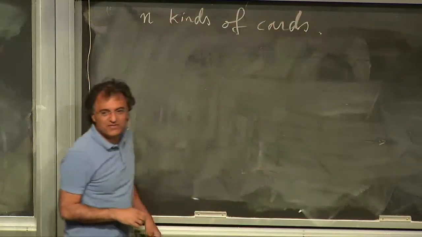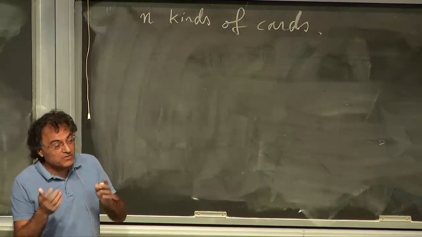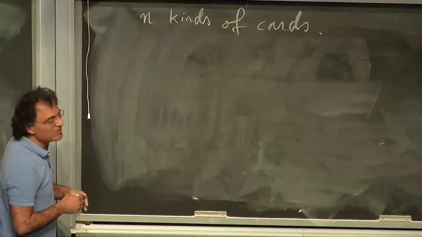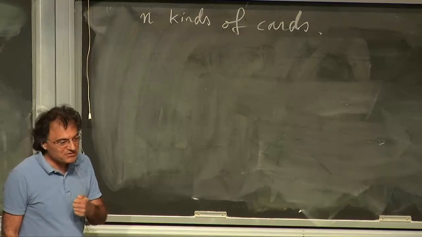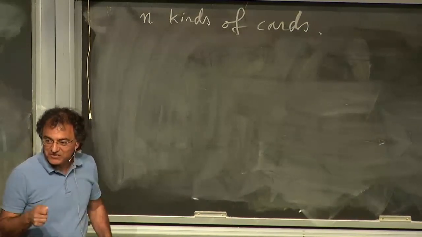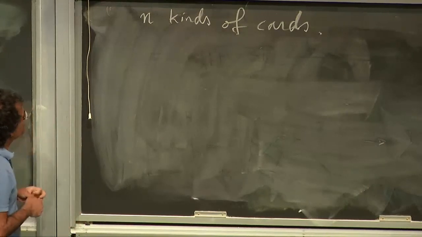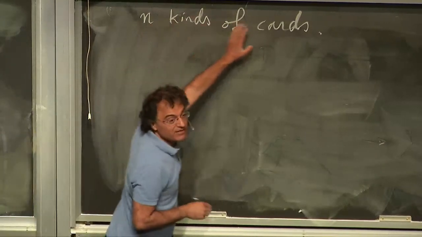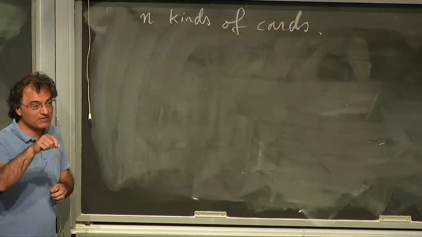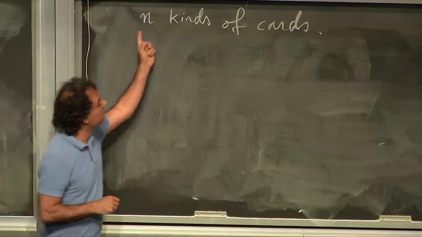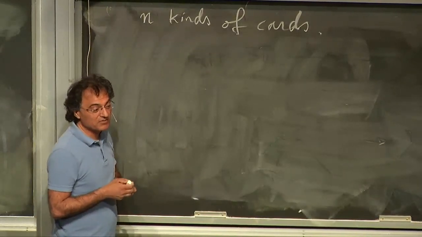Of course, in real life, they are not equally likely. Some of them are extremely rare, and so you're left dangling with an almost complete set, waiting for the last one, and it's extremely rare. But let's say that they're all equally likely. So there are n kinds of cards. Each time you get one of these boxes, you pull out a completely random card out of these n. And you want to know, how many boxes do you need to purchase before you have a complete set?